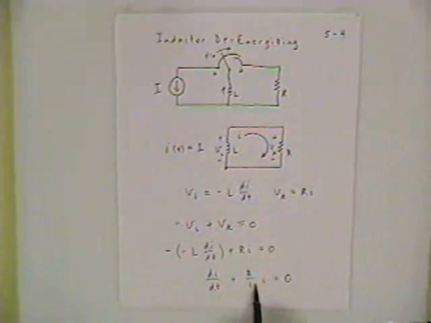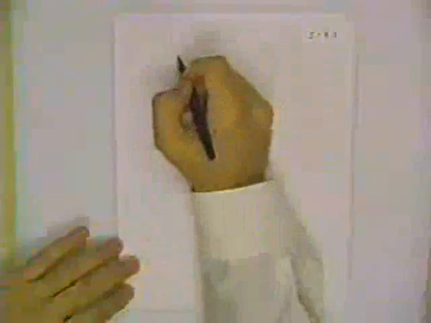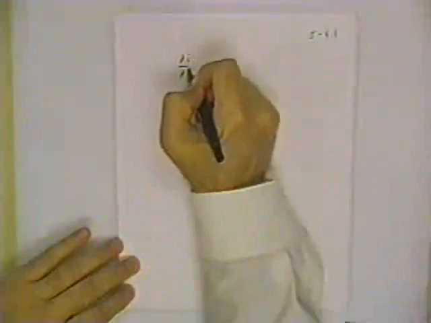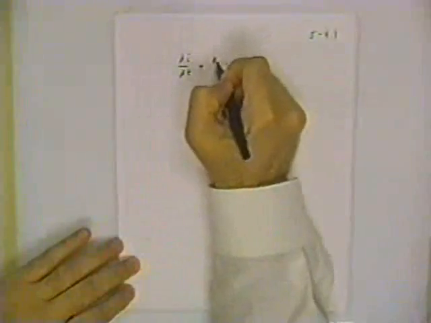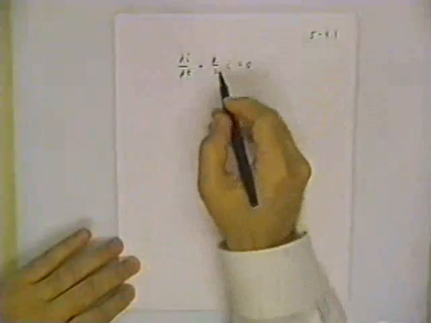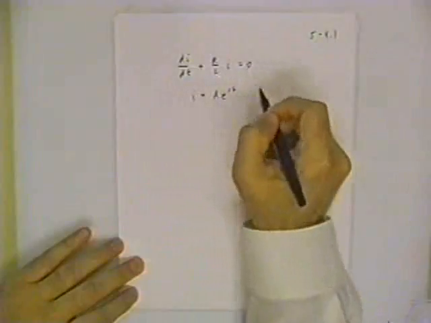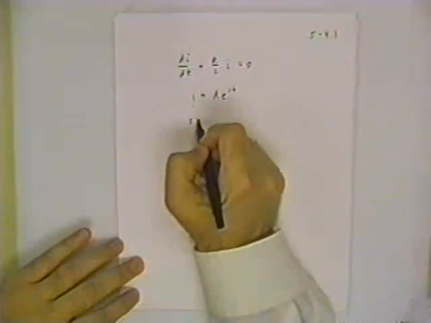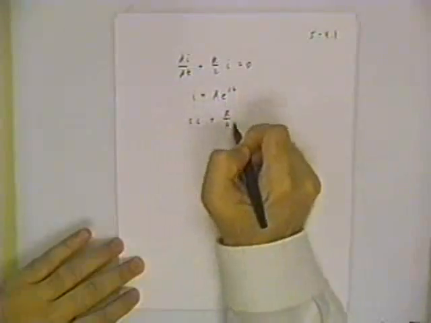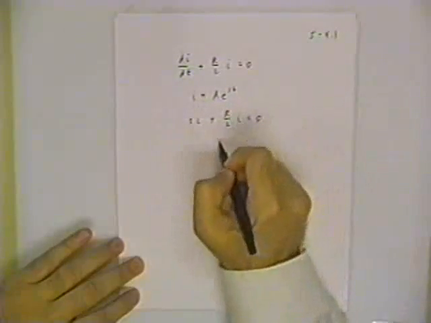This is the same equation we had before, it's just the constant has changed. The time constant is a little different. So what we have to do now is the solution to that equation is again an exponential. So if di/dt plus R over L times I is equal to 0, this tells us that I equal to A e to the st is going to be satisfied by s plus R over L equals 0.